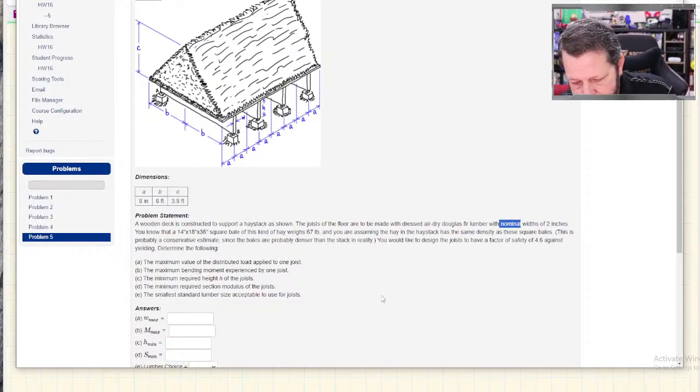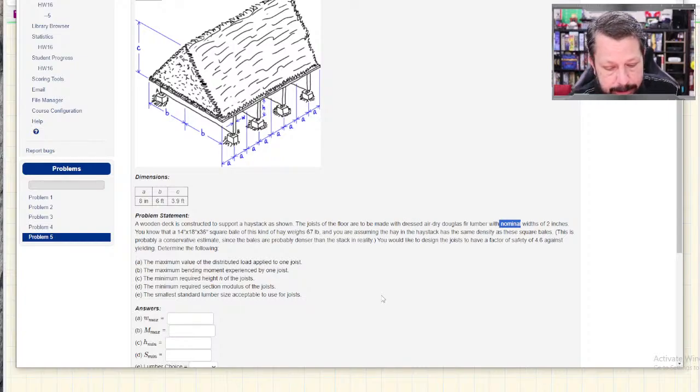with dressed air dry Douglas fir lumber with nominal widths of 2 inches, nominal means that's what we call it. That's just like in the beam charts where we have a W10 by 4 and 10 is a nominal size. So what that word nominal means is literally that it's the name that we use when we talk about this thing.